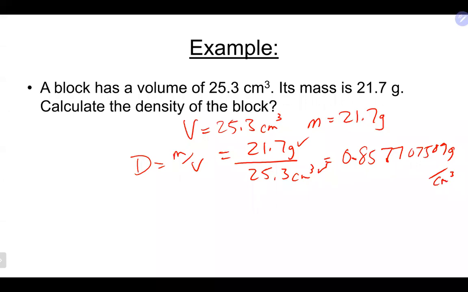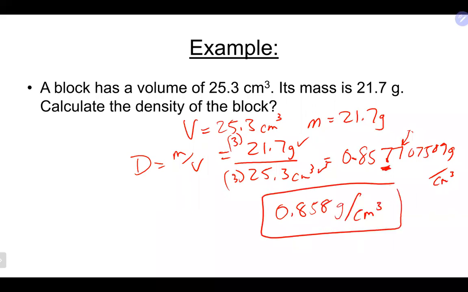We are dividing, so we're looking at sig figs. The top number has 3 sig figs, and the bottom number has 3 as well, so the answer should have 3, which takes us right here. Looking at this number, I should round up. So the proper answer should be 0.858 grams per cubic centimeter. Again, the number does stay with the grams, and it is basically 1 milliliter or cubic centimeter.